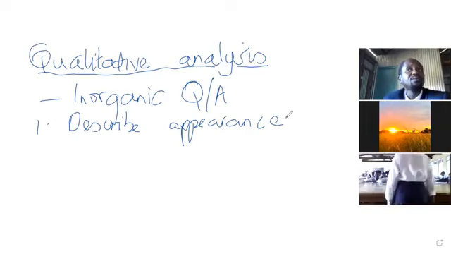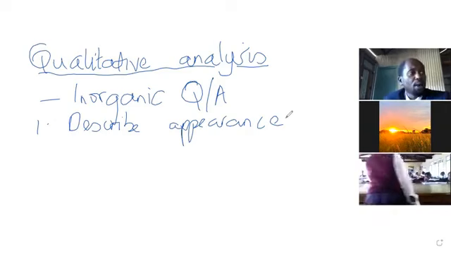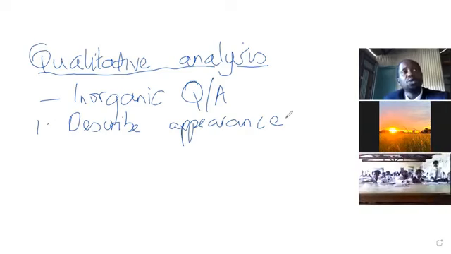So color and the fineness of division. Is it crystals? Is it powder? You may use language like white crystalline solid, but the marking point is the white, and the other marking point is the crystals.